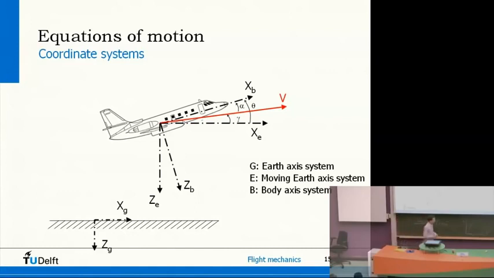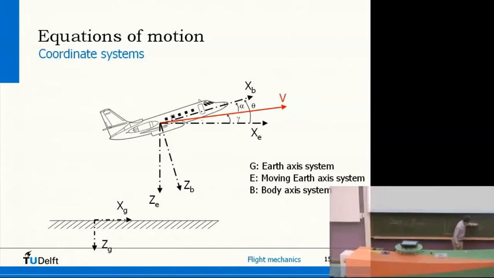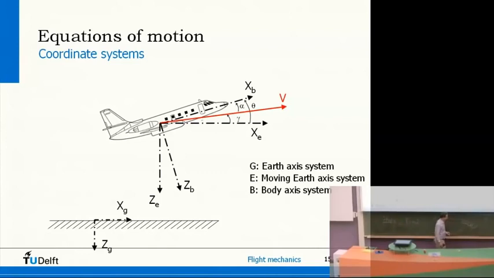So if you consider the case of the plane without engines, then the airspeed vector would be pointing down, and this will be minus the flight path angle. And of course that angle determines where you're going to land. So that's a really relevant angle.